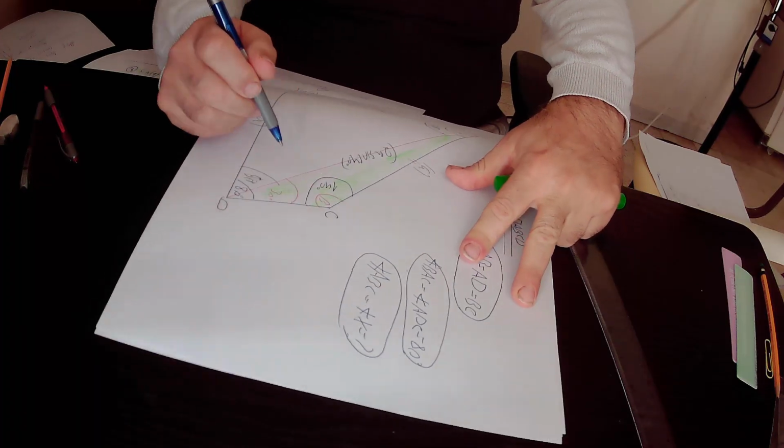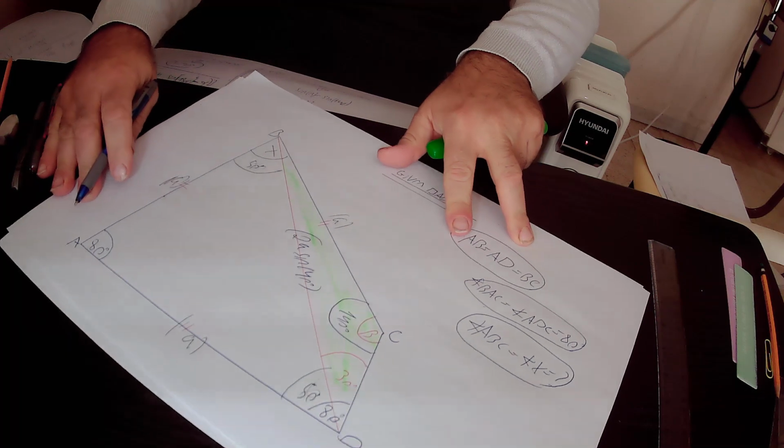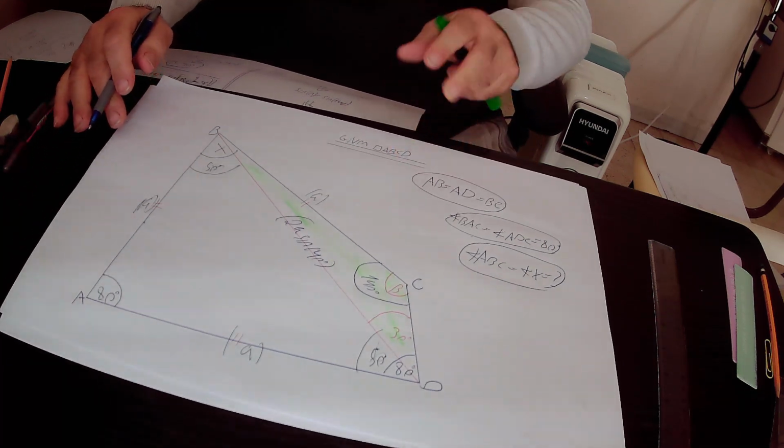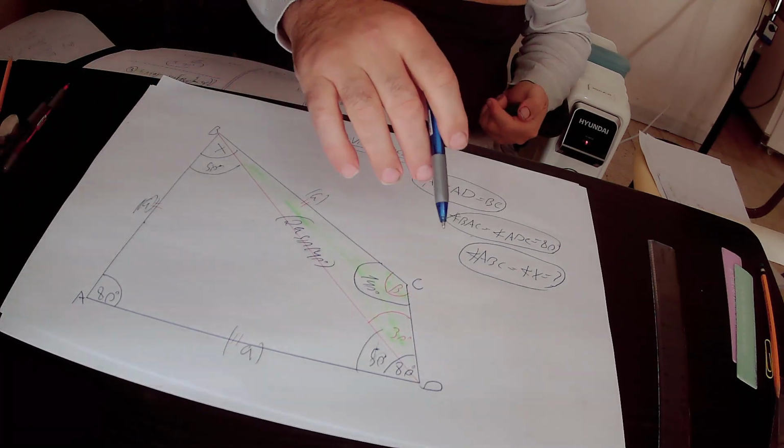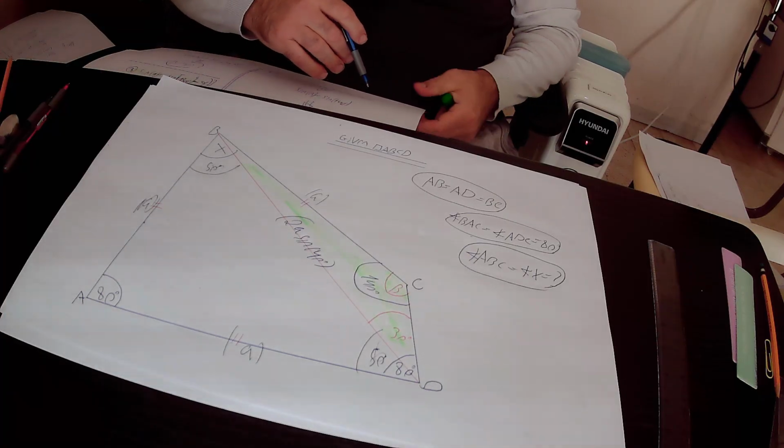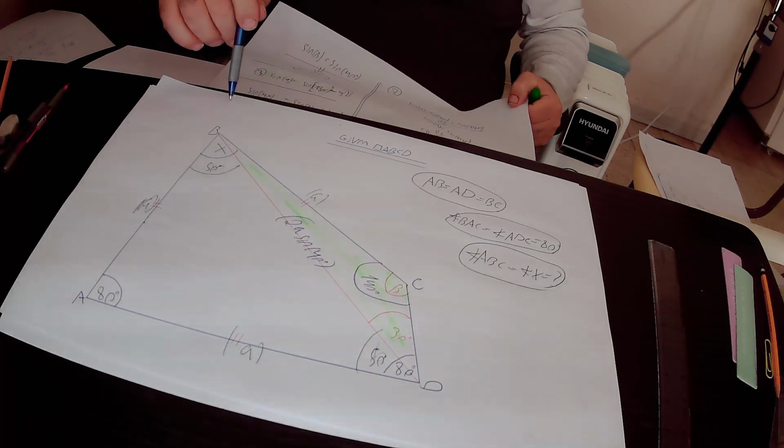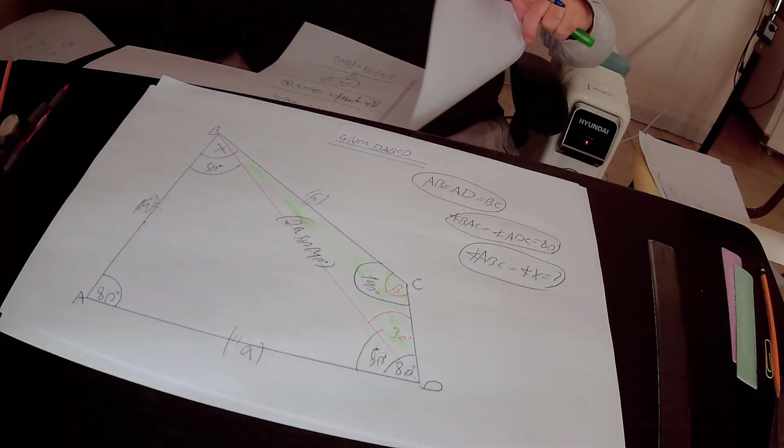We know that the sum of the angles in any triangle is equal to 180 degrees. So the sum of the angles in the green upper triangle BCD must be equal to 180 degrees. Which angles do we have in this upper green triangle BCD?